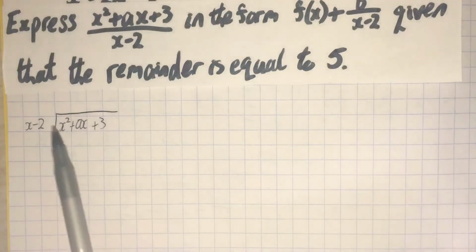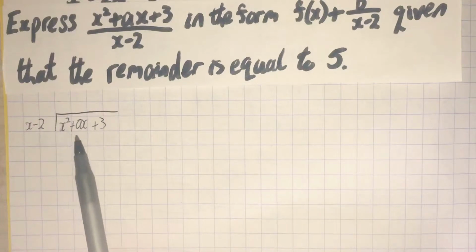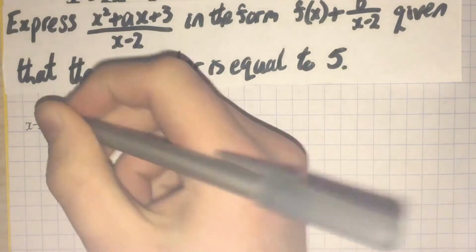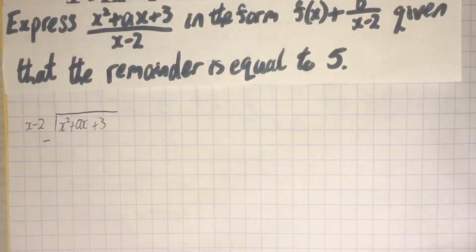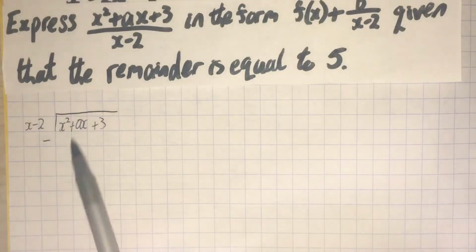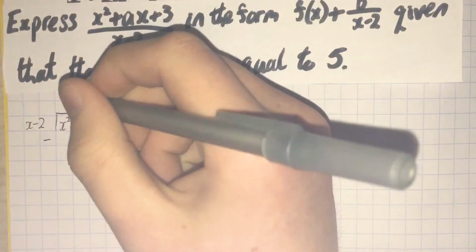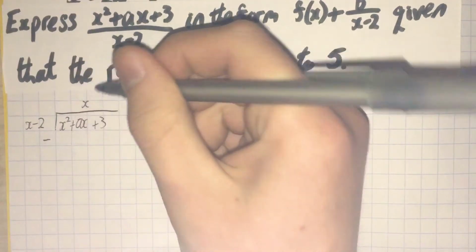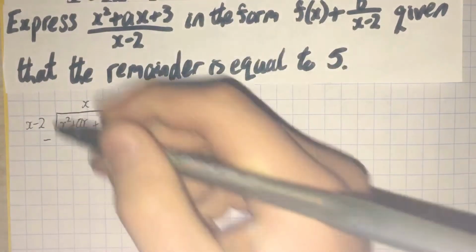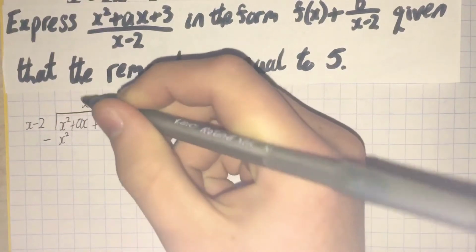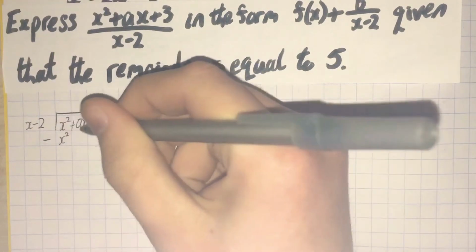So, first off, we need to get rid of this x squared. So what do you do to this when you want to get rid of x squared? Well, of course, we need to make x squared, and to do that we times this by x. So, yes, we put x at the top there. So we're going to get x squared minus 2x.